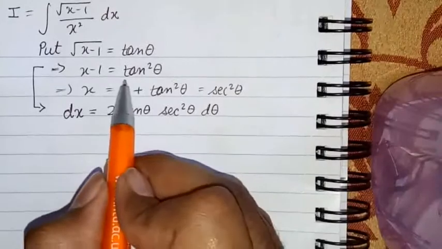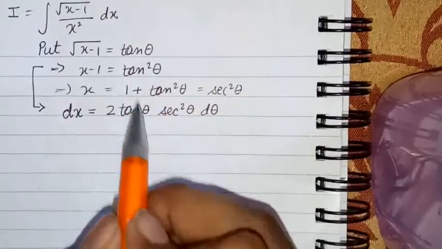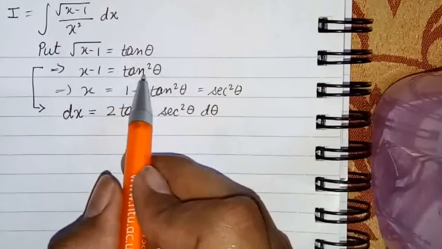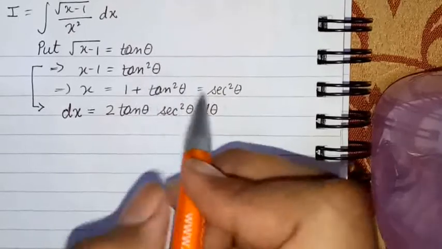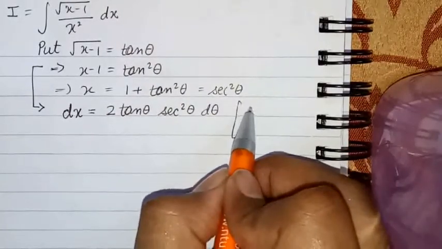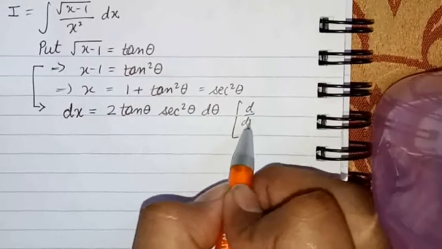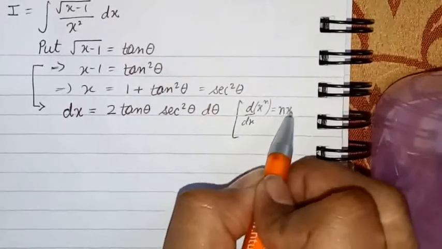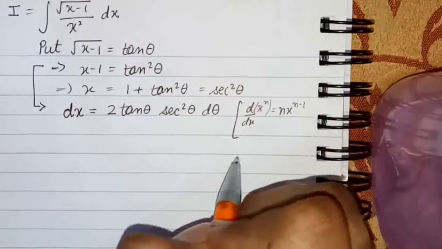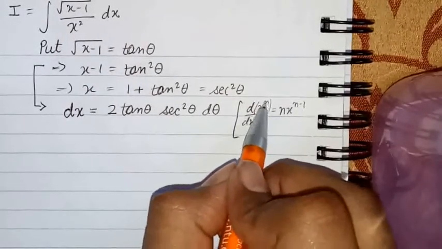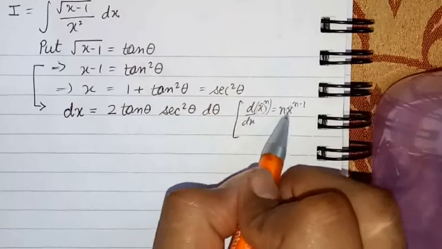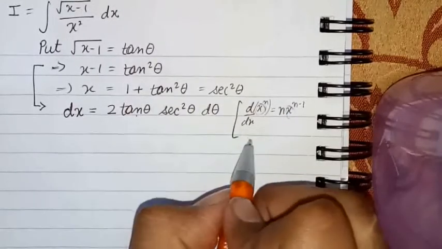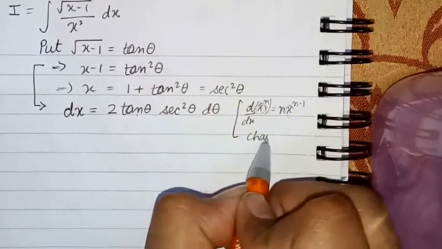Now I have differentiated tan square theta on right hand side by using first of all that rule that d by dx of x raised to the power n equals n x raised to the power n minus 1, and after that, since instead of x we have some function that is tan theta, I have used chain rule.